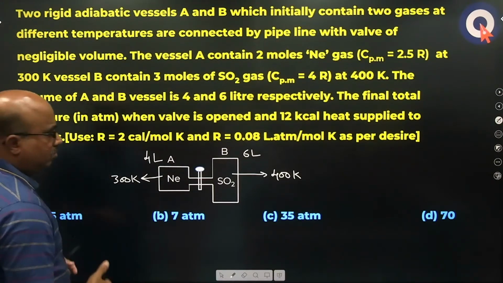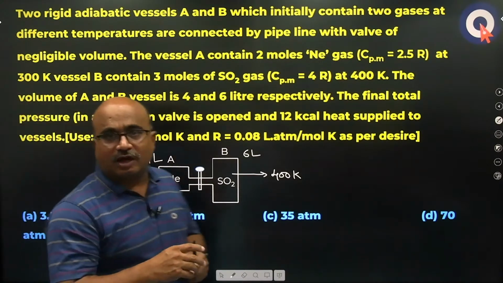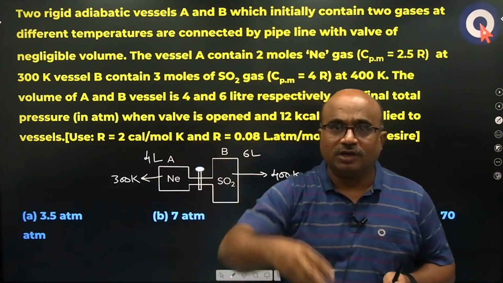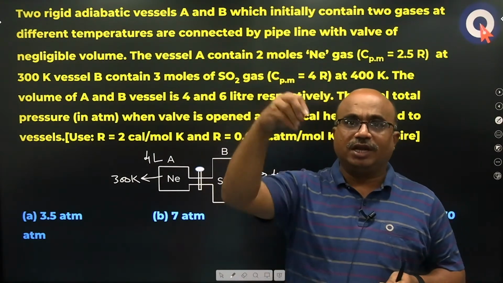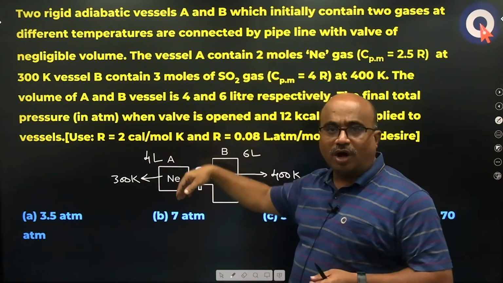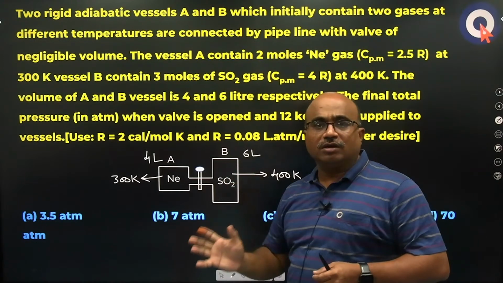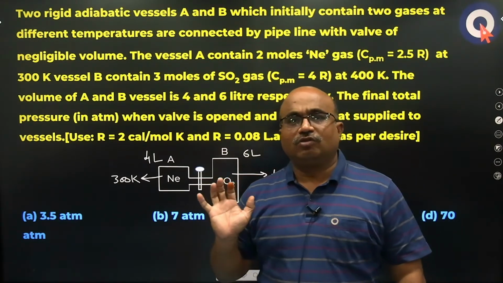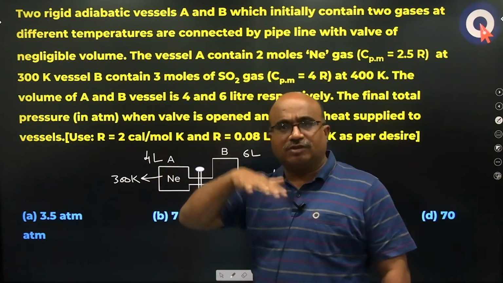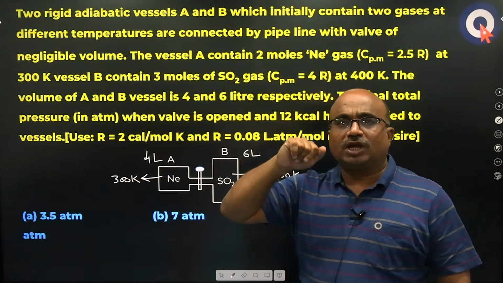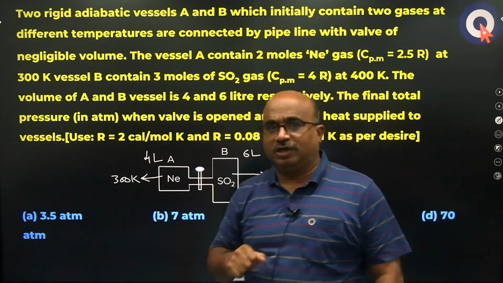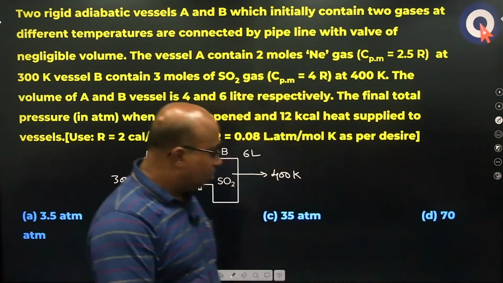So what will happen? Even though we say the vessels are adiabatic, how is the heat flowing? We have kept some hot source in the vessels. In the neon and SO2 vessels, we kept something and opened the valve. So what should happen? There should be a heat transfer, so that finally both systems reach the same temperature. The energy we supplied should increase the temperature of neon and the temperature of SO2.